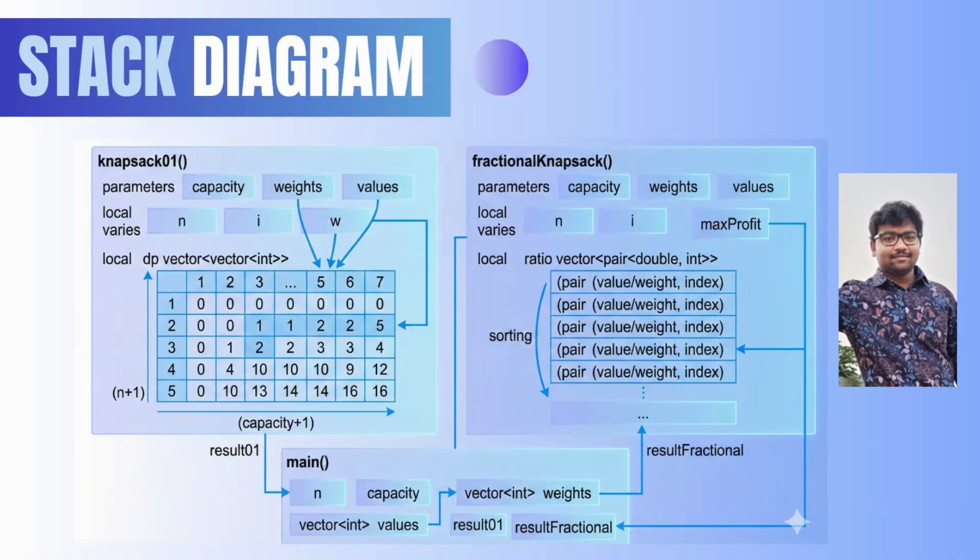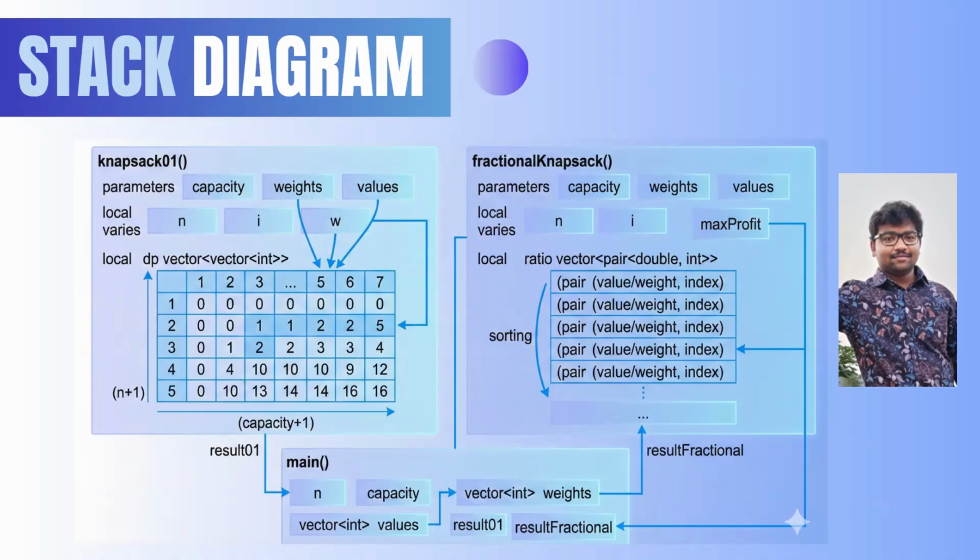After completing all the loops, the optimal result is stored in dp[n][capacity], and this value is written back to main as result1. Now on the right side we have the stack frame of fractional knapsack. The function also receives the same parameters from main. Inside the stack frame, it creates local variables like maxProfit and, most importantly, a ratio vector, which stores pairs of value-to-weight ratios and item indices.